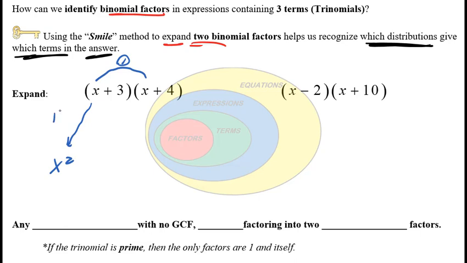So this is the first two terms. And then we multiplied the last two terms, and the last two terms gave us the last term in our answer. So when we multiply the 3 and the 4, we get 12.